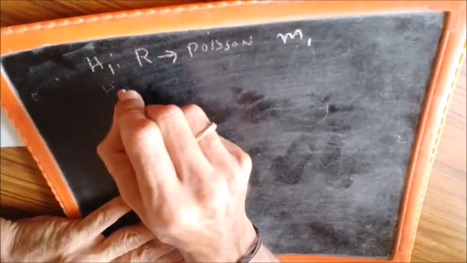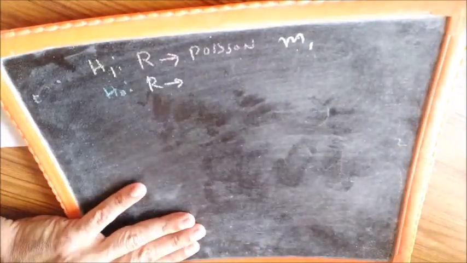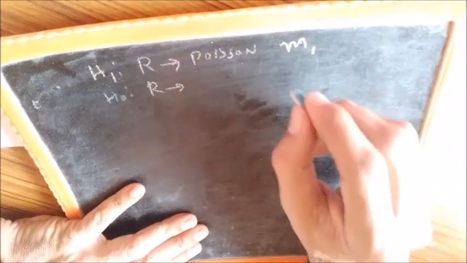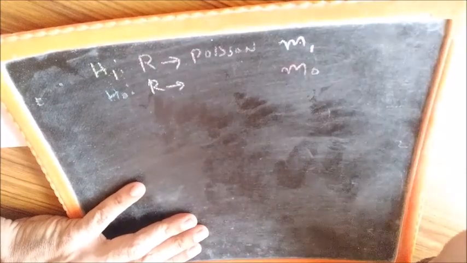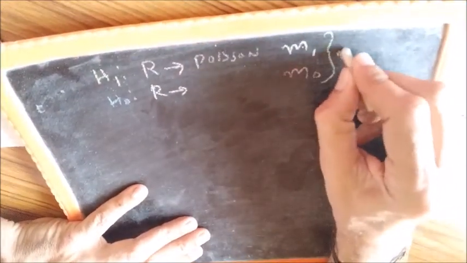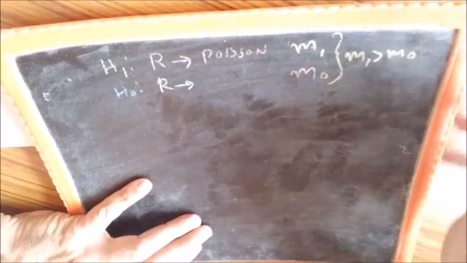And when H0 is the true hypothesis, again you receive a random variable of the same distribution with mean M0. And of course, we are told M1 is greater than M0.